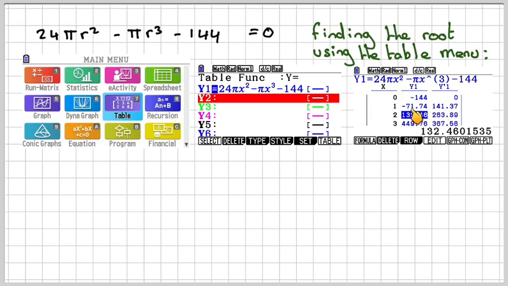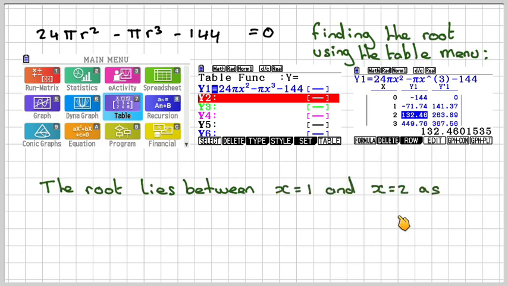That means there's been a change of sign. This here is just the value of the derivative, so I'm just going to ignore that. So the root is somewhere between 1 and 2. So the root lies between x is equal to 1 and x is equal to 2, as there is a change in sign, like I've just explained.